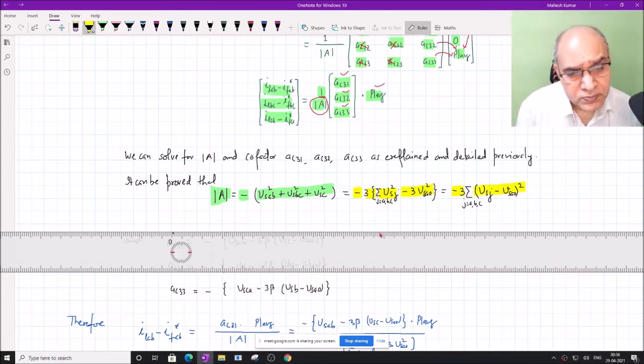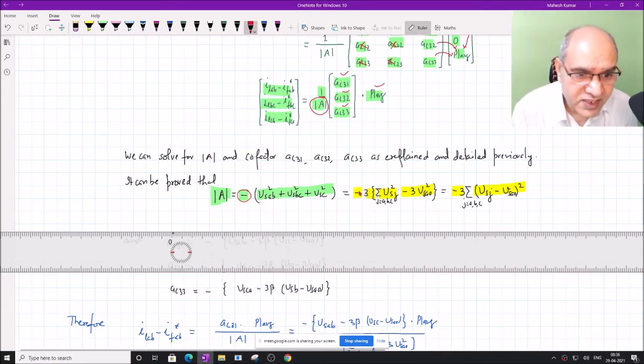You see how the determinant of this matrix is different from the previous one. The difference is of sign only. Otherwise it is the same.